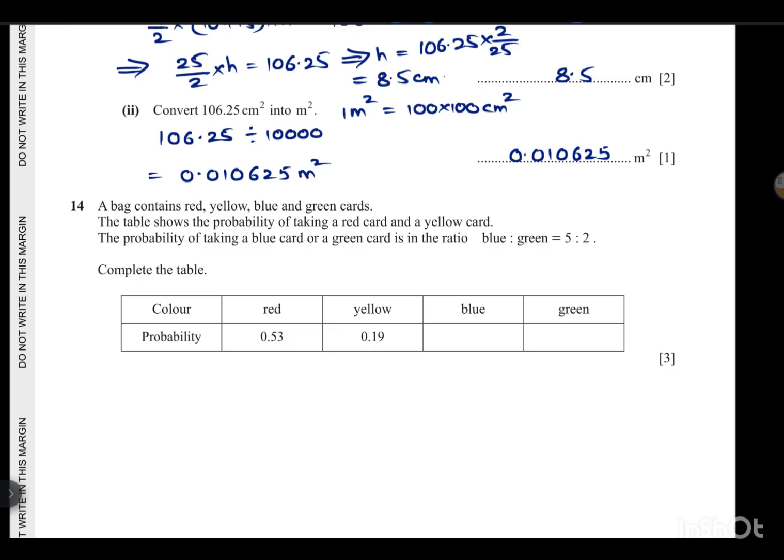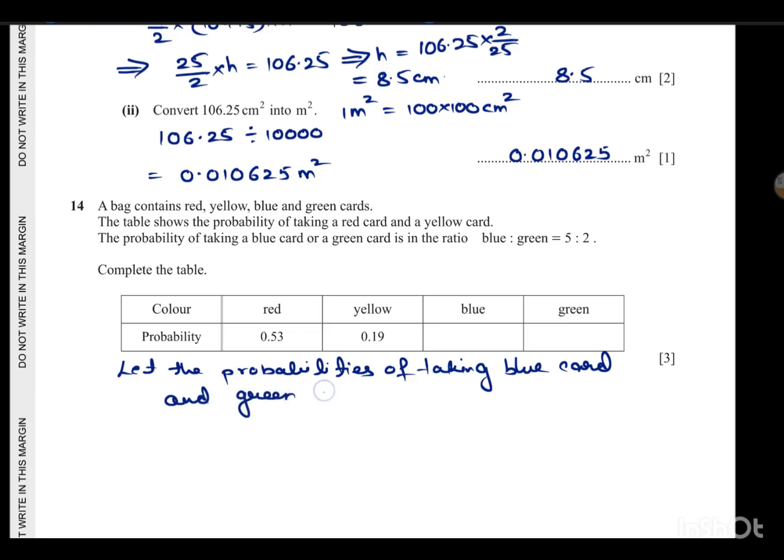So first of all, let us take the probabilities of taking a blue card and a green card to be 5x and 2x, because the ratio is given.